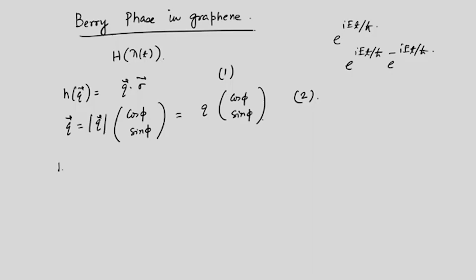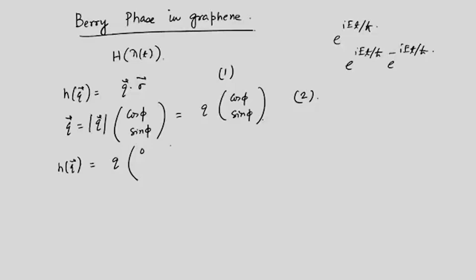All right. So, h of q, which is what we have written here, is nothing but, and now I will add the Pauli matrices, reminding you once again that they do not express the spin degrees of freedom, but rather the sublattice degrees of freedom.